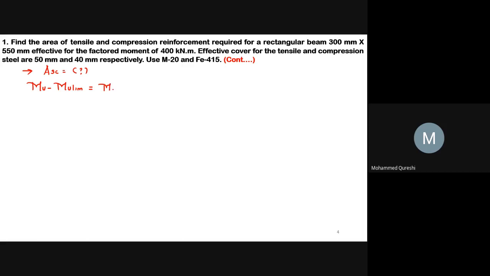this is nothing but Mu2, Mu minus Mu limit, so equals to (FSC minus FCC) into ASC into (d minus d dash). This equation is given in IS 456 2000, page number 96, clause G 1.2.